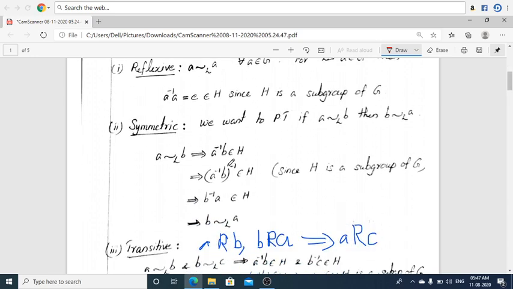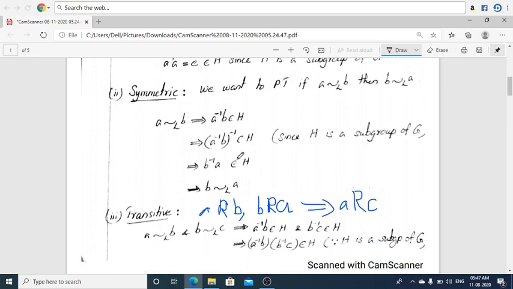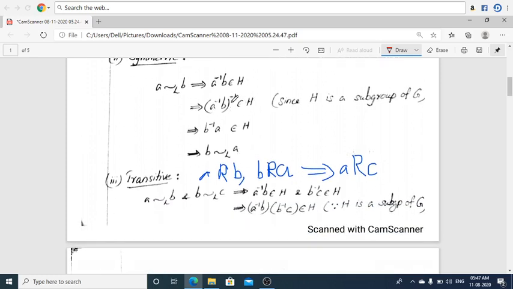Next, symmetric. Now we prove a related to b implies b related to a. Start with a ~L b, which implies a inverse b belongs to H. Since H is a subgroup, the inverse of a inverse b, that is (a inverse b) inverse, also belongs to H. Now (a inverse b) inverse is equal to b inverse a inverse inverse, that is b inverse a.